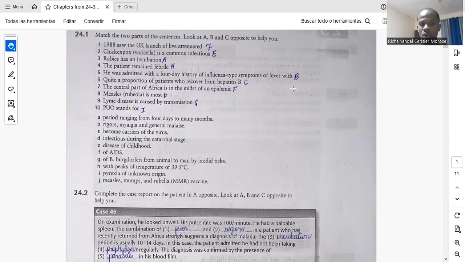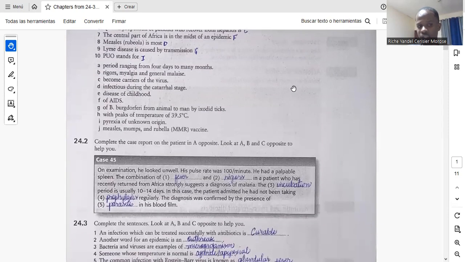Eight, measles or rubella is letter D, infection during the catarrhal stage. Nine, Lyme disease is caused by transmission, letter G, of Borrelia burgdorferi from animal to man by Ixodes ticks. Ten, PUO stands for letter E, pyrexia of unknown origin.